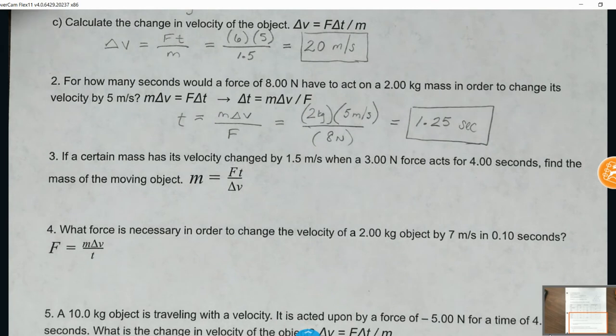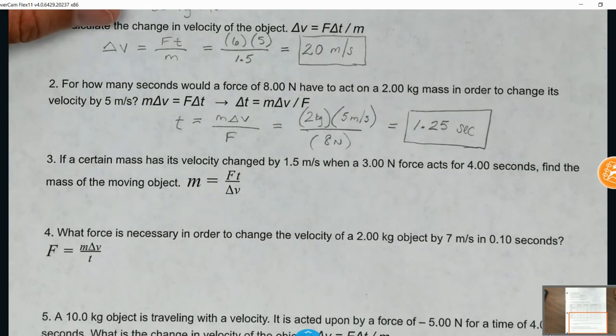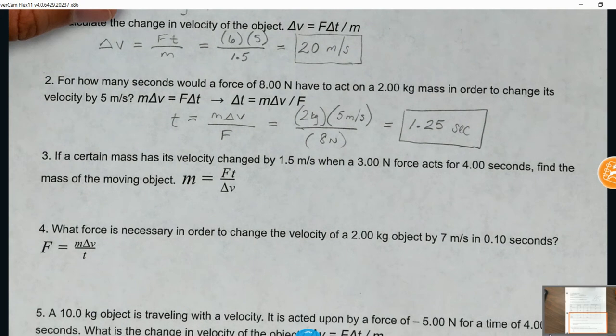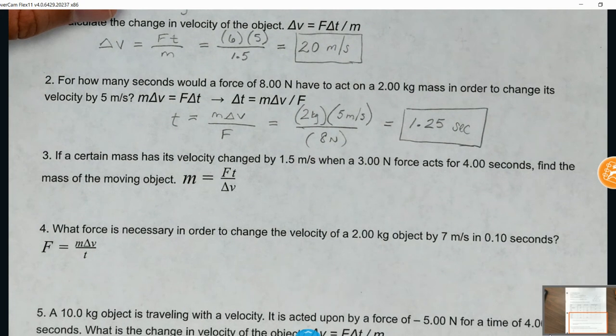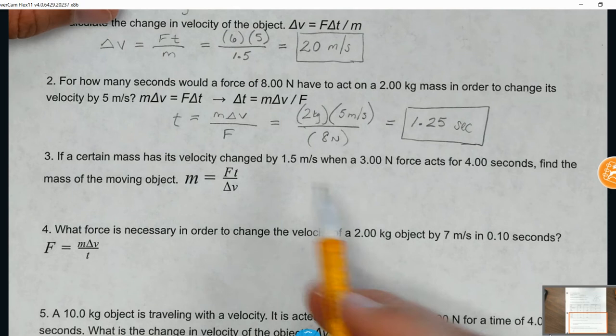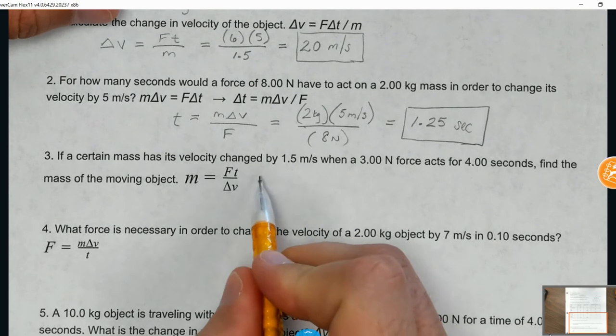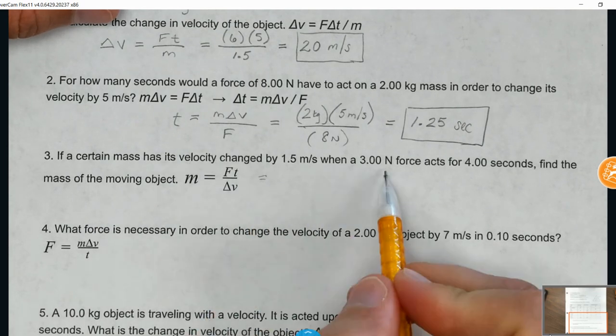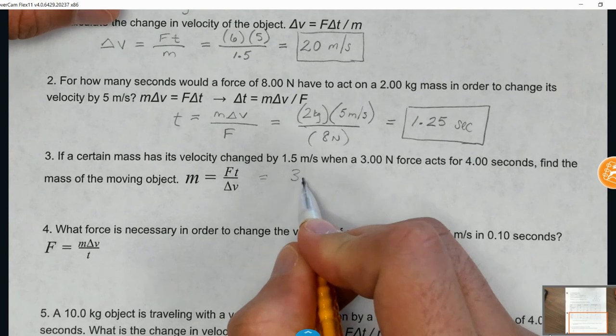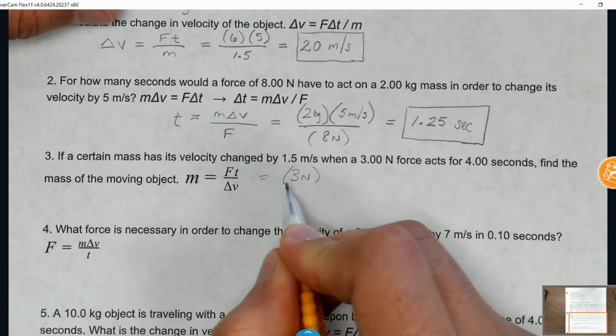Okay. If a certain mass has its velocity changed by 1.5 meters per second when a 3 newton force acts on it for 4 seconds, find the mass of the object. So you're given the equation here. The force was how much? 3 newtons.